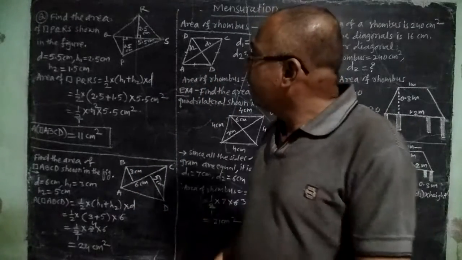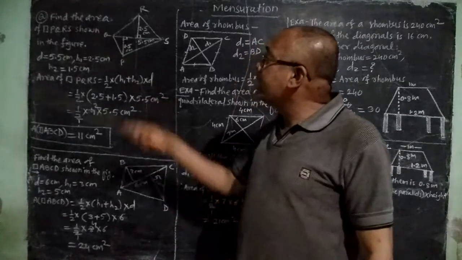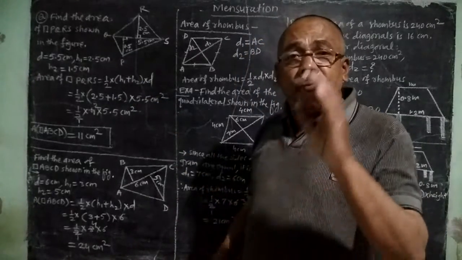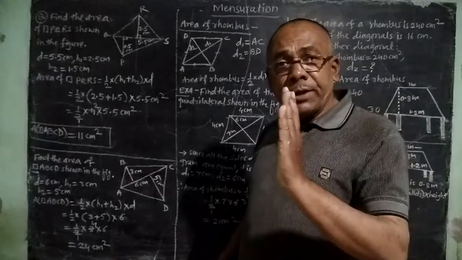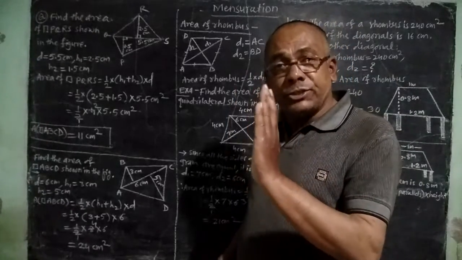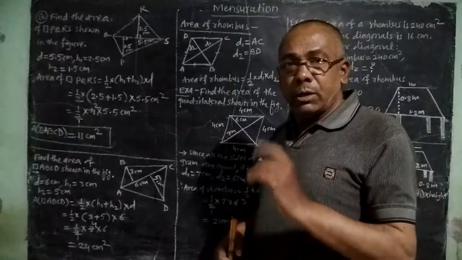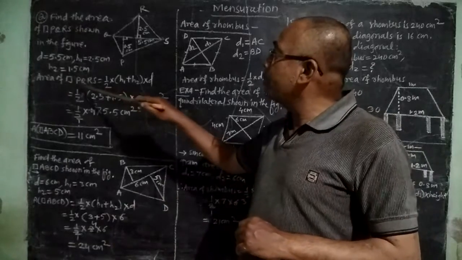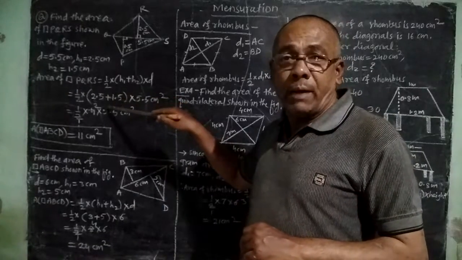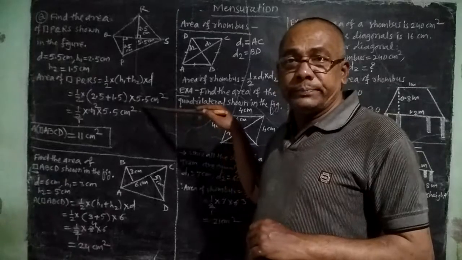Understand? And now here area of the quadrilateral can be given as 1/2 into (h1 plus h2) into diagonal, or we can say it d only. So here area of quadrilateral PQRS is equal to 1/2 into (h1 plus h2) into d.